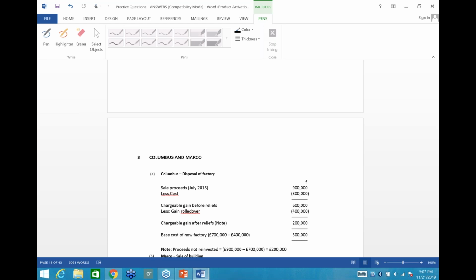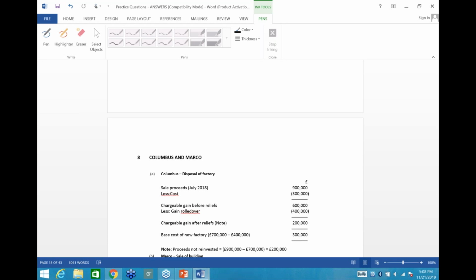Then you get an answer, we call it total profits. From this, you can deduct one item, qualifying charitable donations. If you have made a donation to a charity, that can be deducted. When you deduct it, you get an answer, and that is what we call TTP, taxable total profit.